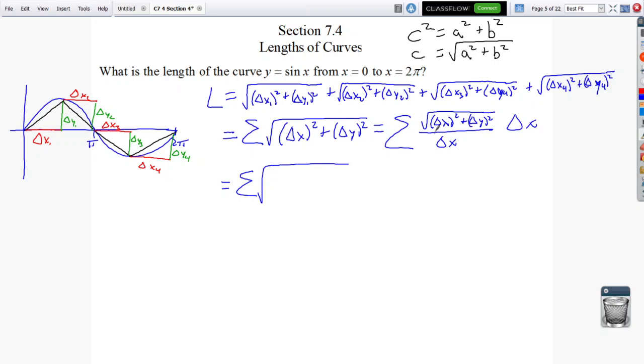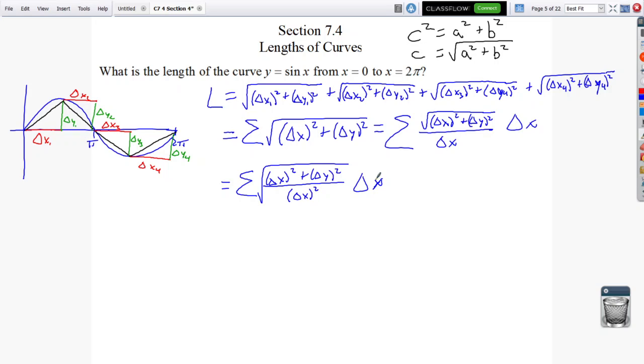And to get that delta x underneath that square root, if I want to make it under a square root, I have to also unsquare root it. So the denominator here is now going to become delta x squared. So the numerator stays the same, delta x squared plus delta y squared, and this delta x still hangs out outside the radical.